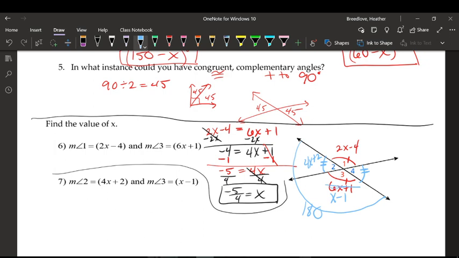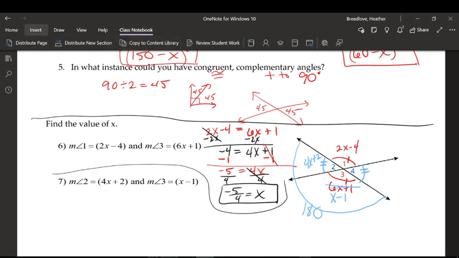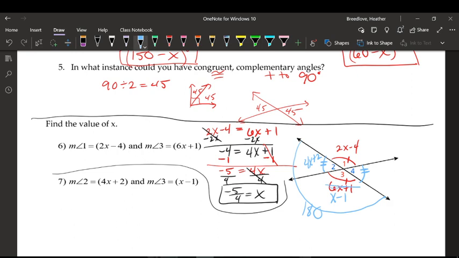So that's all I'm going to do. I'm going to say, this one, the green one, plus the pink one, makes up 180.